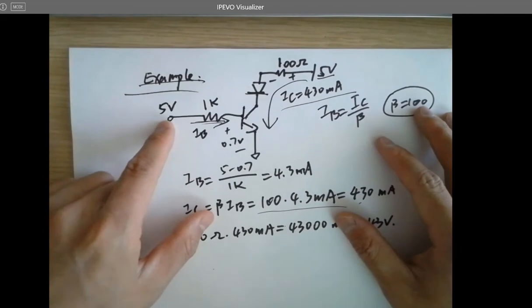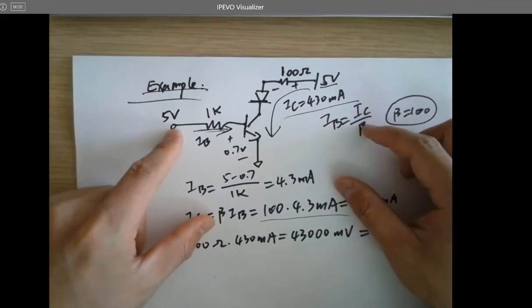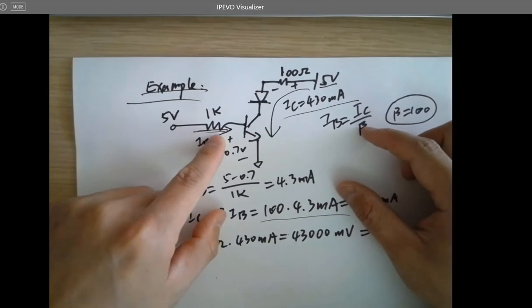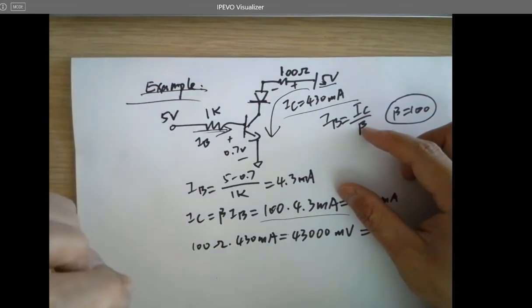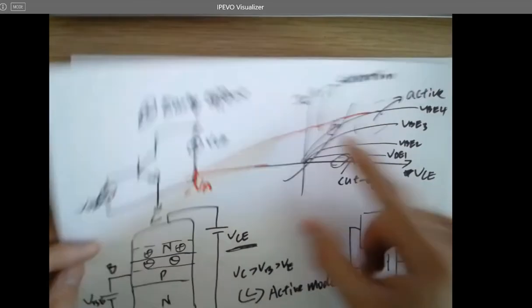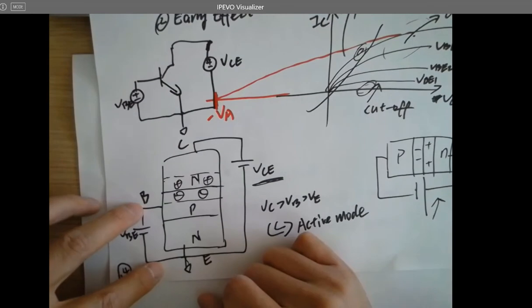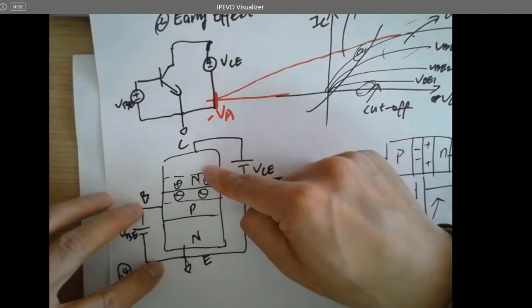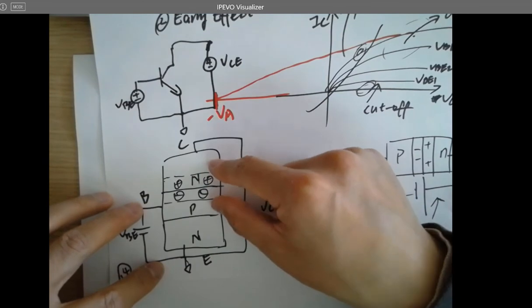So the consequence is the current is not being limited properly to a small value, which means you have a huge IB. And whenever this is huge, your VBE can be too large compared to VCE. So this PN junction is not reverse biased anymore. It's being forward biased, so it's being operated in the saturation region.